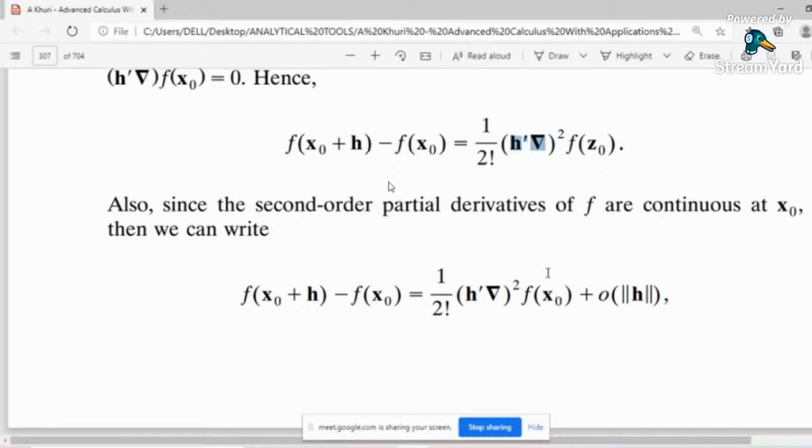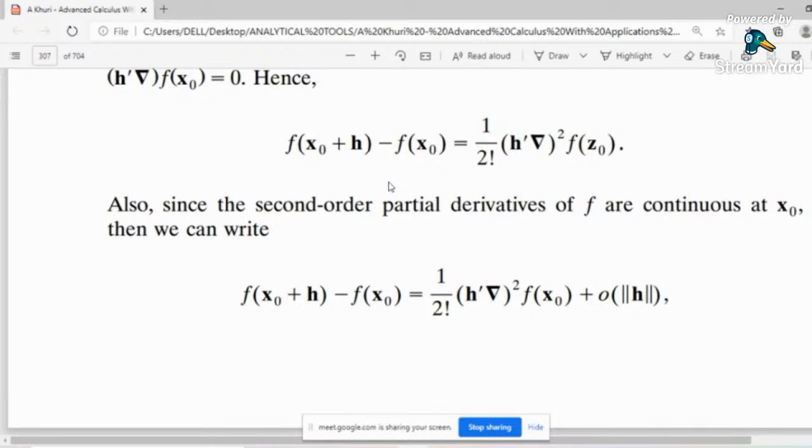So f of z naught will be equal to f of x naught plus a smaller quantity. Similarly, we can apply the same argument here. So this right hand side will be 1 by 2 into h prime del square f of x naught plus a small term, that is order of h.